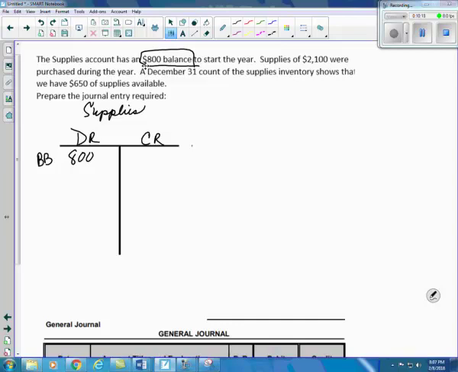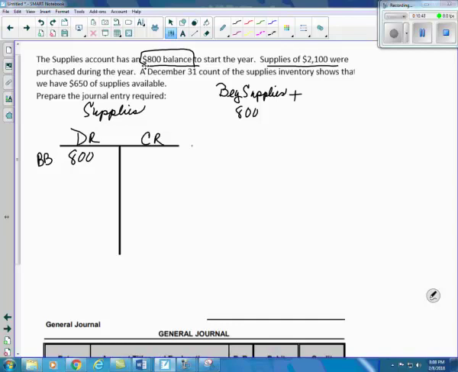Now, before I complete the T account this time, I'm going to show you something else. It's really, really very logical. If you think about this, if you have beginning supplies, which in this case were 800, and the problem tells us that we purchased 2,100 additional supplies.